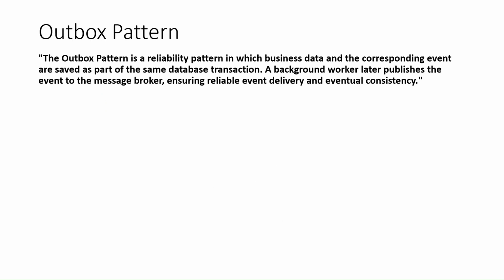To summarize, the Outbox pattern is a reliability pattern that ensures business data and the corresponding event are saved together in the same database transaction. A background worker then reliably publishes the event to the message broker, enabling eventual consistency across distributed systems.